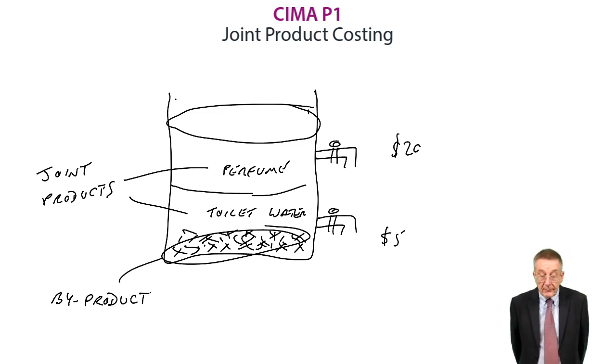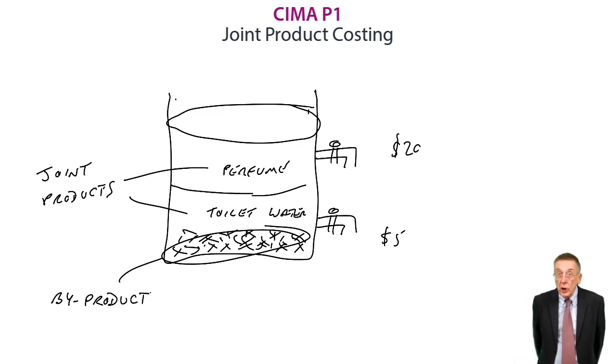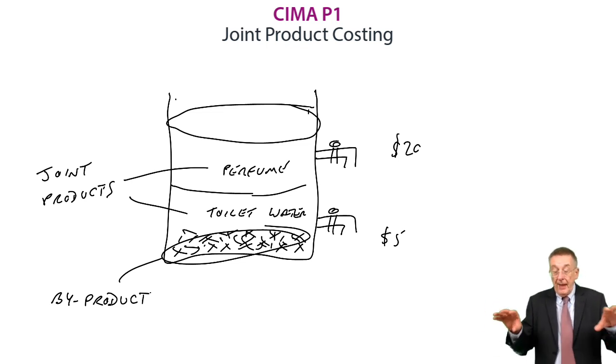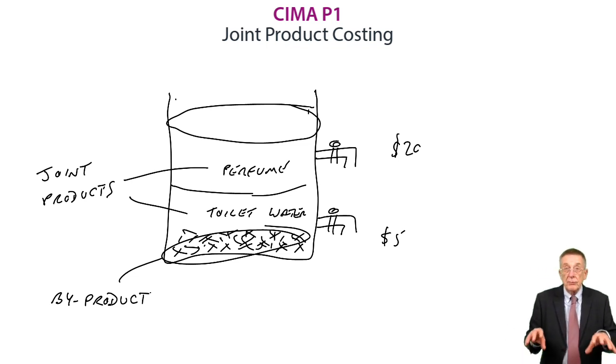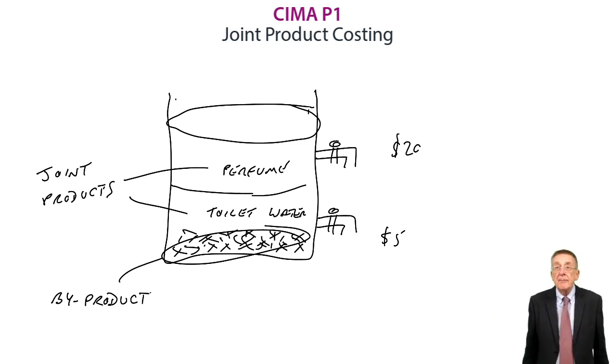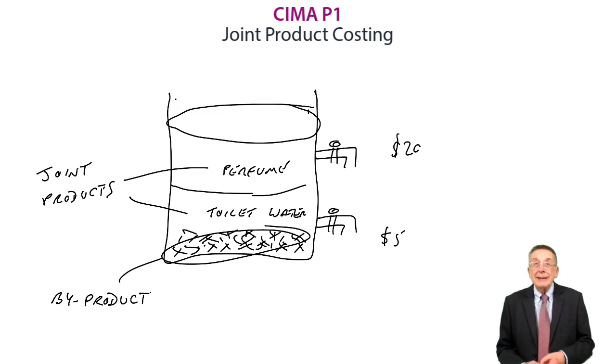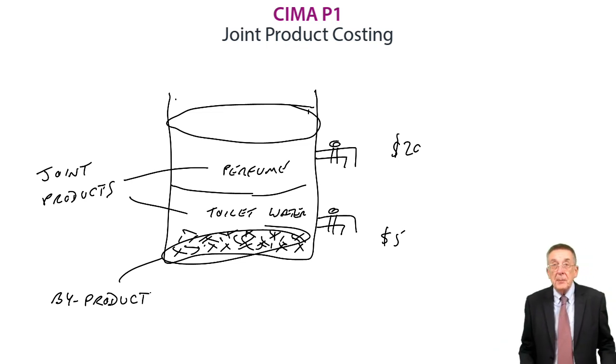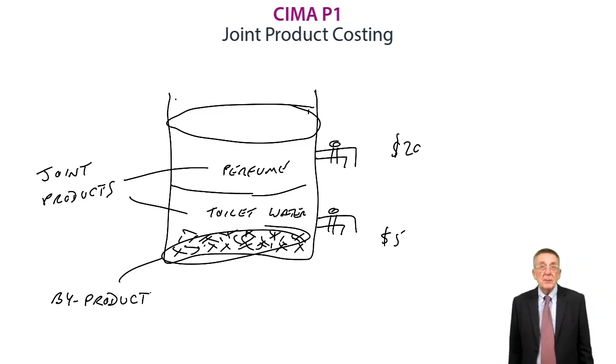So there's the terminology. Joint products are main products that we're trying to produce, but they're produced jointly. Byproduct: almost an accident, an extra product that appears, but it's really not much more than waste.